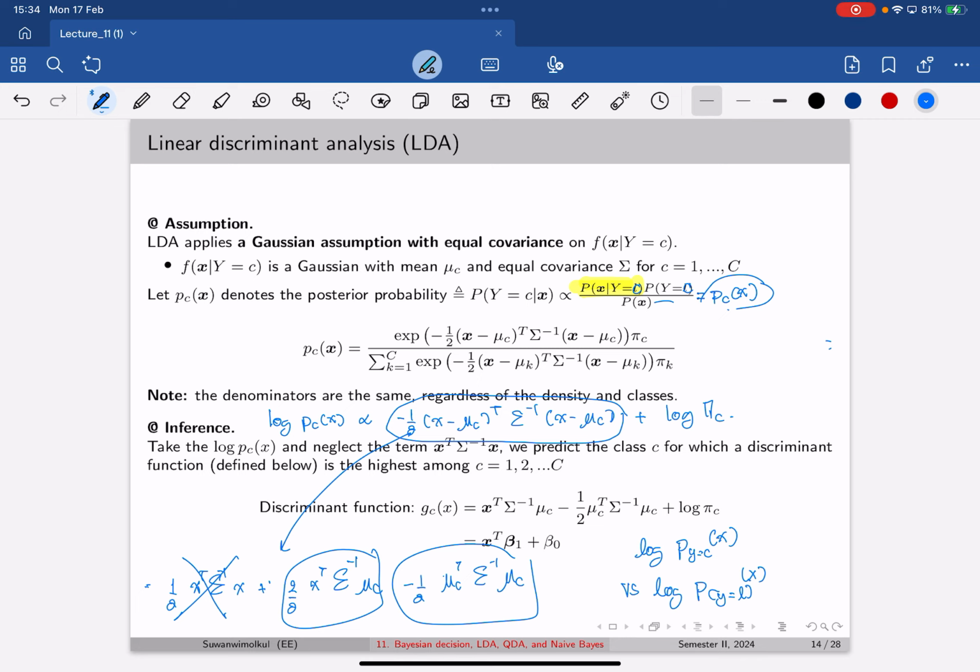So you want to consider only that and that. And also the log of the probability of being that class, that is like the bias term.